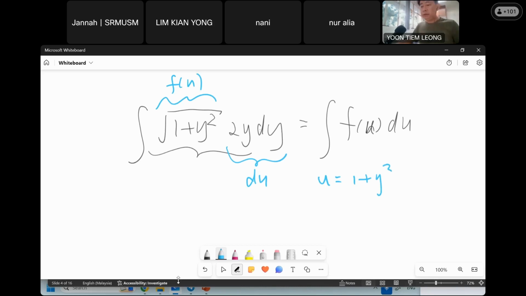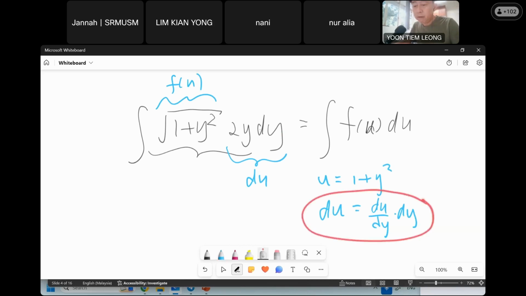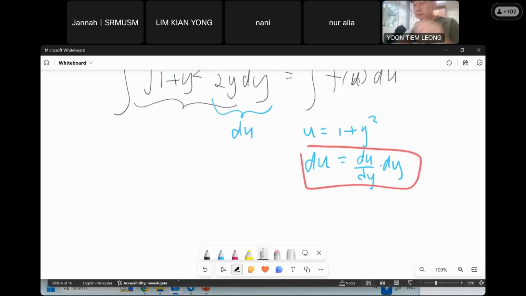So you define a function of u in terms of y, where y is the independent variable. With this, then you can calculate the differential of u. The differential of u is by definition du/dy times dy. You have to know the definition of differential before you can write down this formula. If you have forgotten what the differential is, you have to go back to the previous lecture to revise the definition of differential.